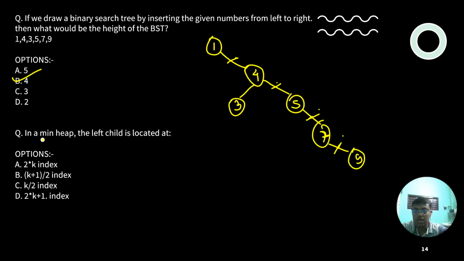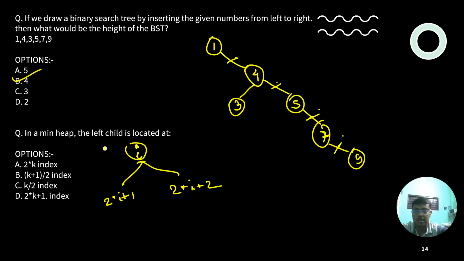Now in a min heap, the left child is located as... So as you know, for the array representation of a min heap, if i is the particular node, then the index of the left node is given as 2 into i plus 1, and the position of the right node for this ith node is given as 2 into i plus 2.